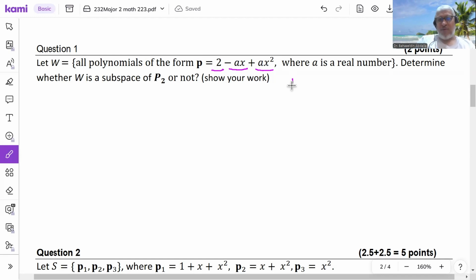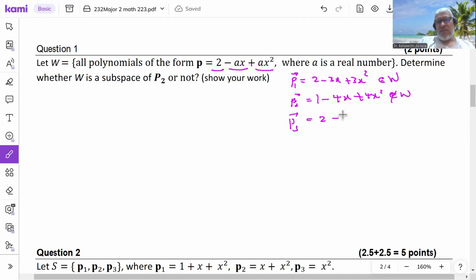So for example, P1, 2 minus 3x plus 3x squared, belongs to W. This is in W. But 1 minus 3x plus 3x squared is not in W. For example, 1 minus 4x plus 4x squared is not in W because the constant term is not 2.